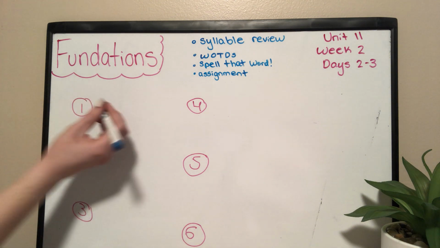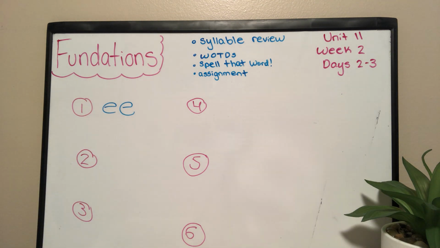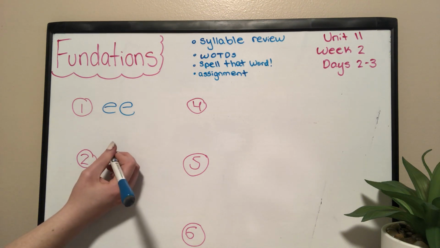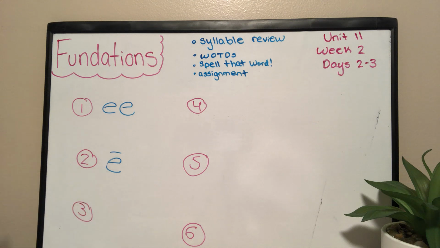Okay, so we have the word steep. We know it's a double E. What about that long E sound in the word she? What was that from? Yeah, absolutely, you got it. Just a regular E. Well, not a regular E, a long E, an open E at the end of a word or a syllable. Awesome.